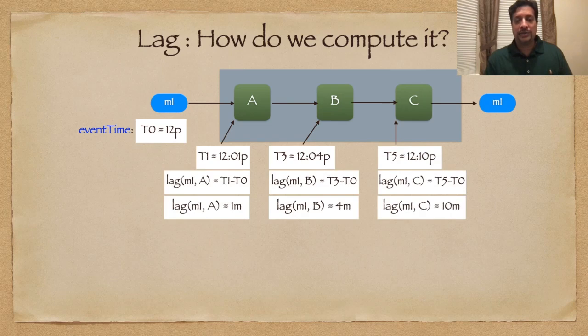Using the equation from the page before, we see that T1 minus T0 is 1 minute, T3 minus T0 is 4 minutes, and so on. We can compute the lag of message 1 at node C at 10 minutes.